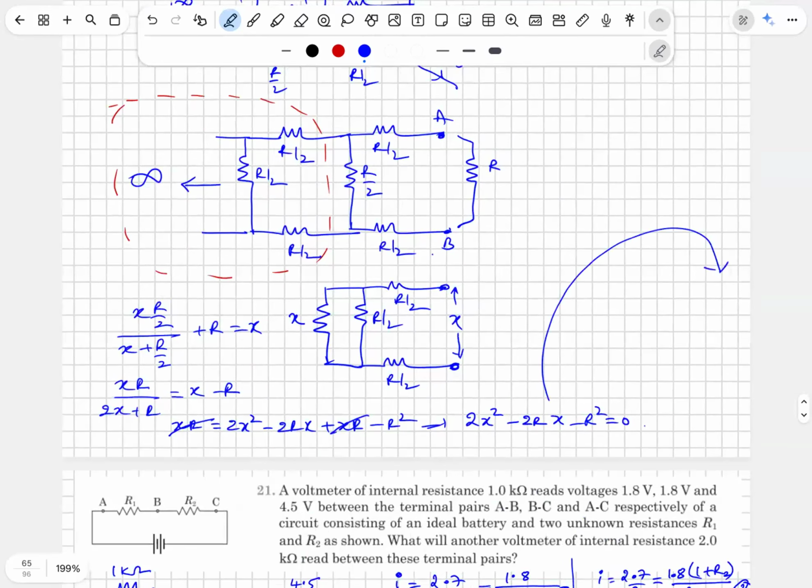Now this will allow me to write x is equal to 2r plus root of 4r square plus 8r square, by 4. Root 3 r.